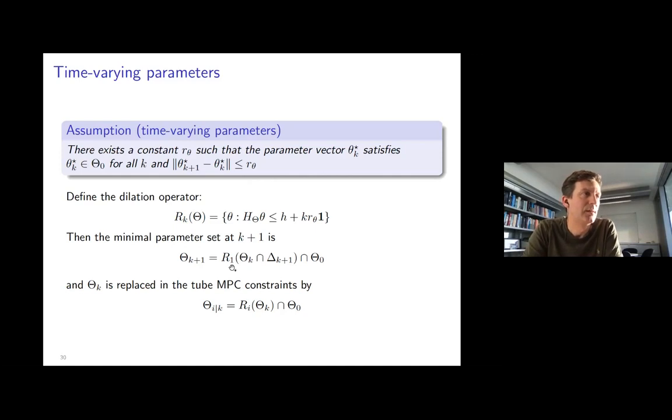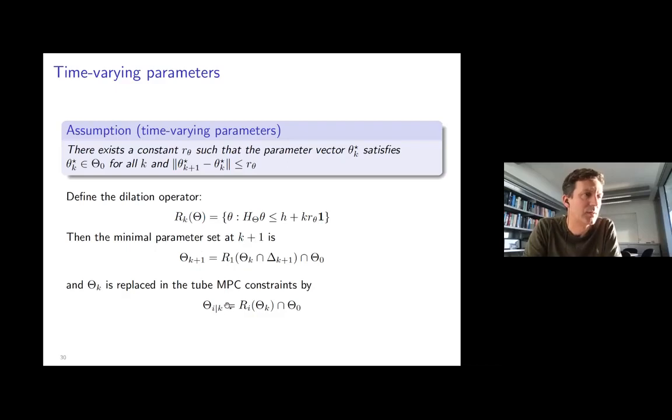Then, using the unfalsified parameter set and the dilation operator, we can define the update for the parameter set estimate in a similar way to what we had before, but we just expand the unfalsified set before we use it to define the updated set.